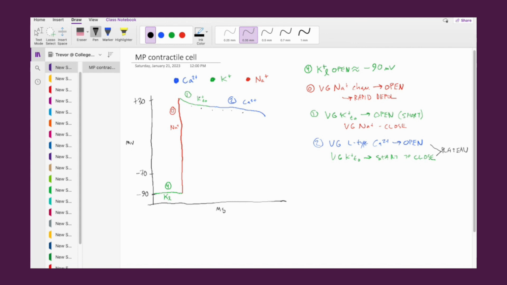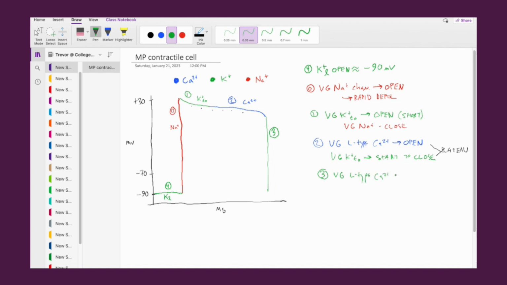And then we have our third event here, which, again, is going to be related to potassium. Let's see this. Depolarization. So this, I'm sorry, repolarization. And this is going to be step 3. At step 3, we have these voltage-gated L-type calcium channels.